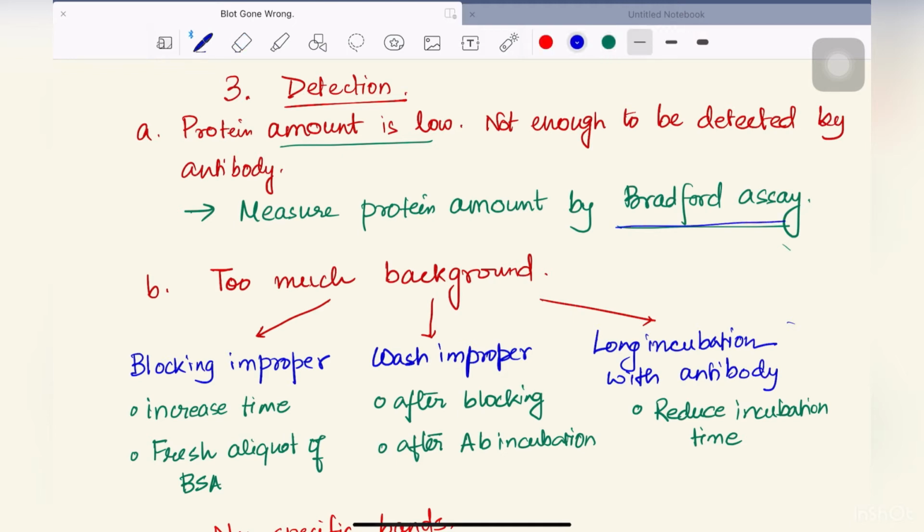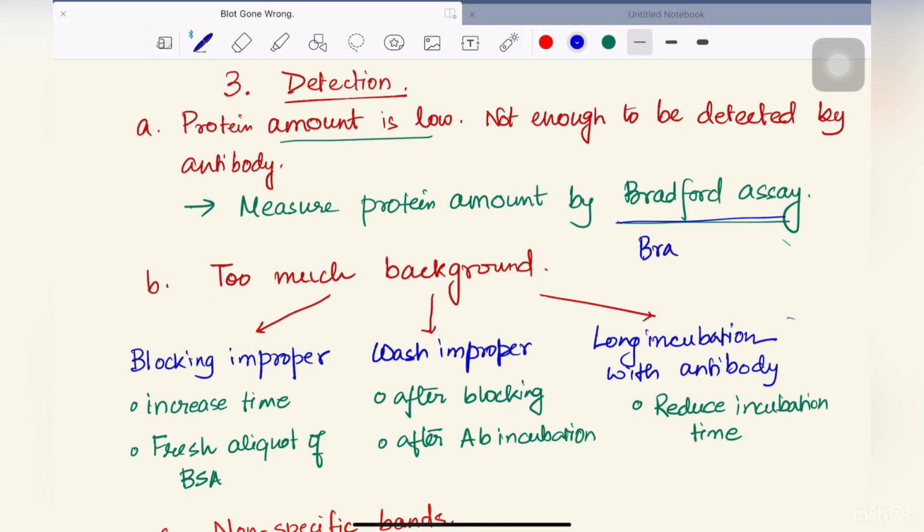The Bradford reagent uses colorimetric detection, colorimetric measurement. We can measure the protein amount that we are loading into the gel so that we can ensure that a proper amount of protein is loaded and it can be detected by our antibodies.